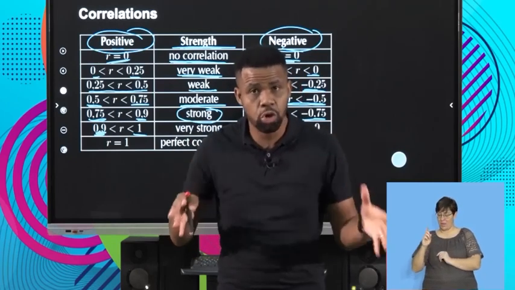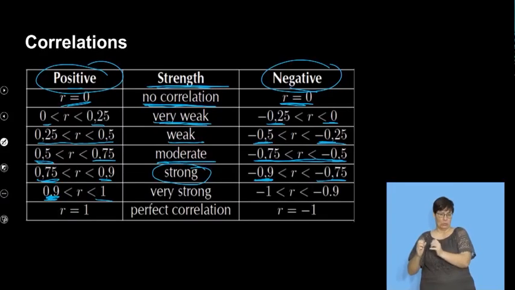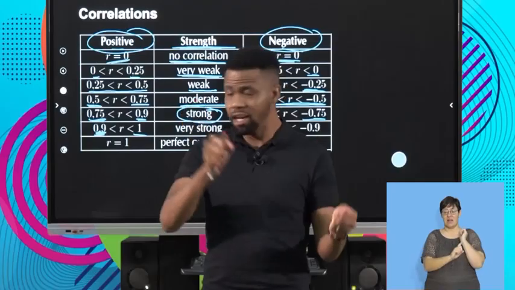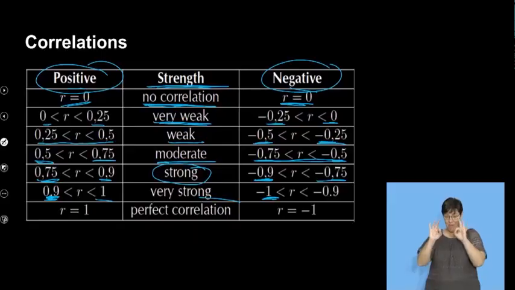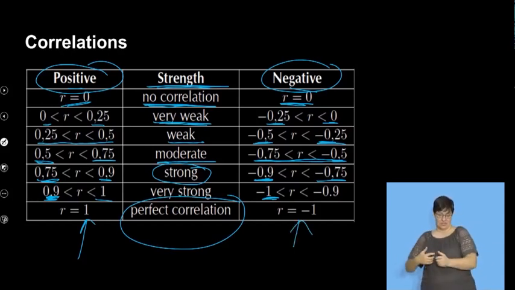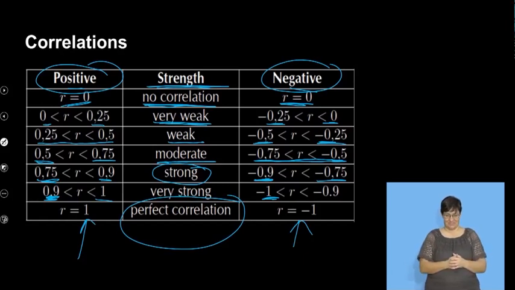That's very strong correlation. Or if it's negative, between negative 1 and negative 0.9, that will be very strong negative correlation. And lastly, perfect correlation, which is 1, positive perfect correlation, and negative 1. Those are our two perfect correlations.